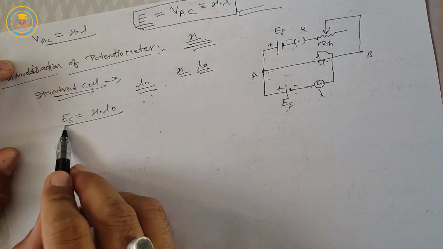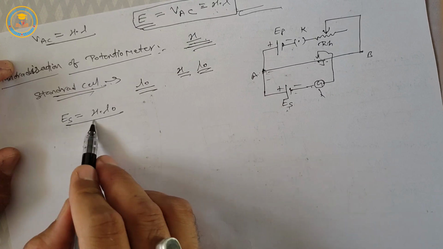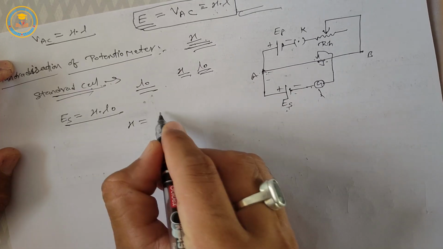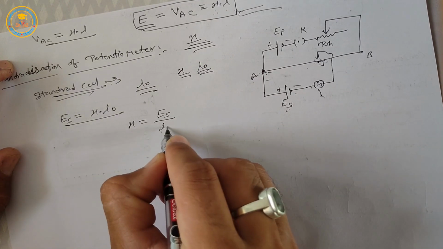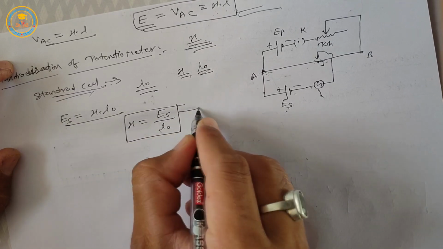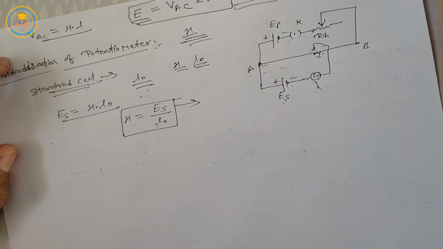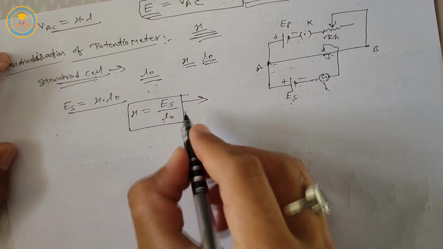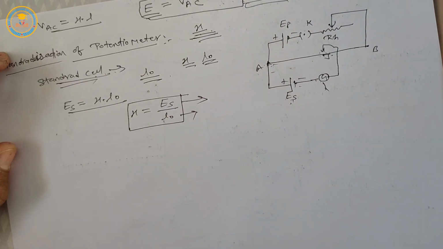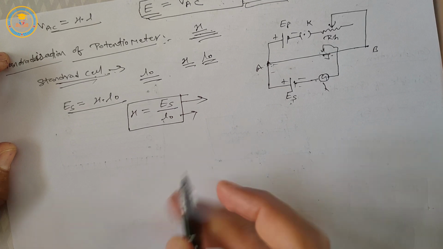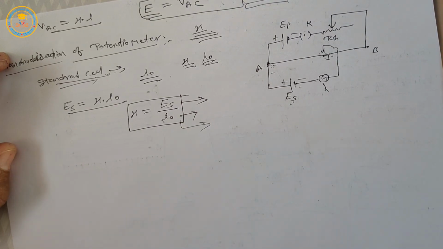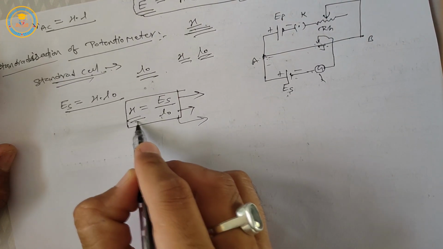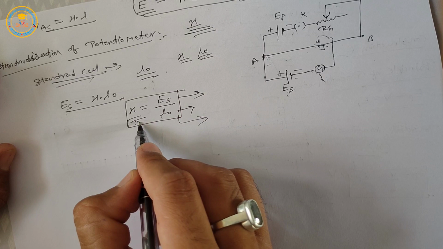So this EMF is equal to the potential difference of the wire. From this equation, X is equal to ES upon L0. ES is the EMF of the standard cell, which we know, and L0 is the balancing length. So with the help of this equation, we can determine the value of the potential gradient.